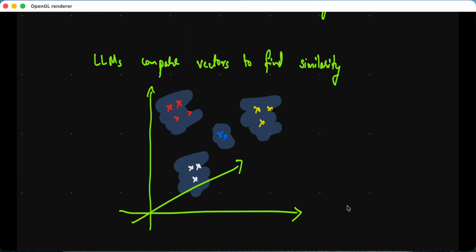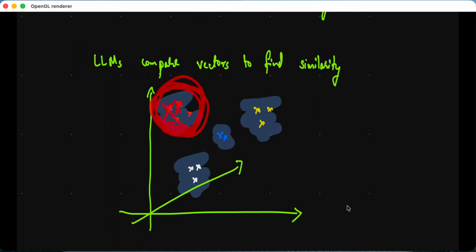So let's say LLMs compare vectors to find similarity. We have cat and dog, and they're very close to each other, and these are pet animals. Let's say these are wild animals, and these are social animals like human beings.